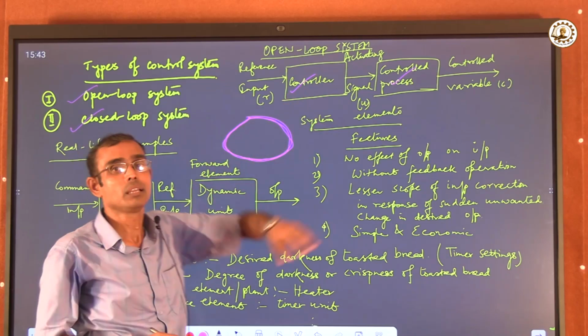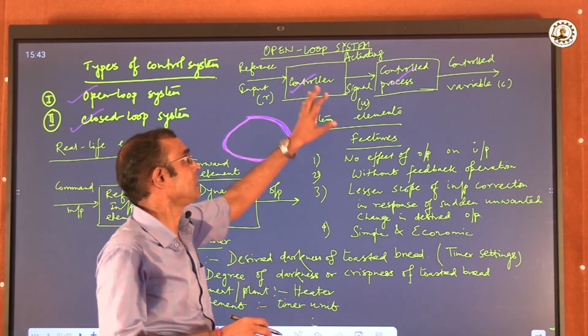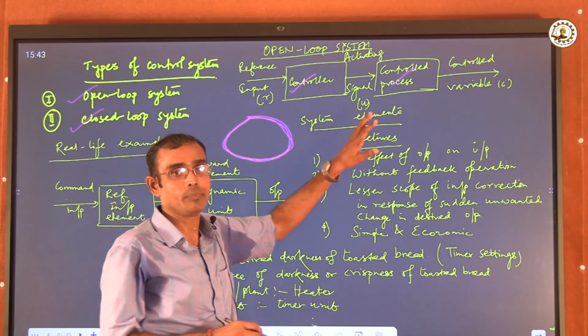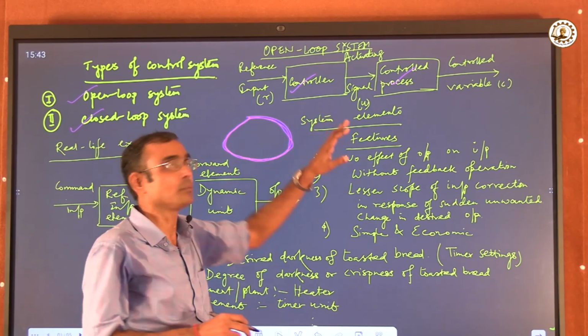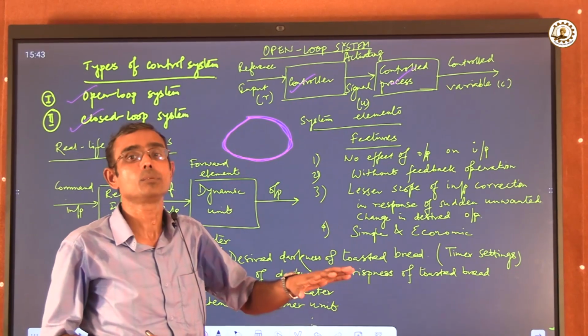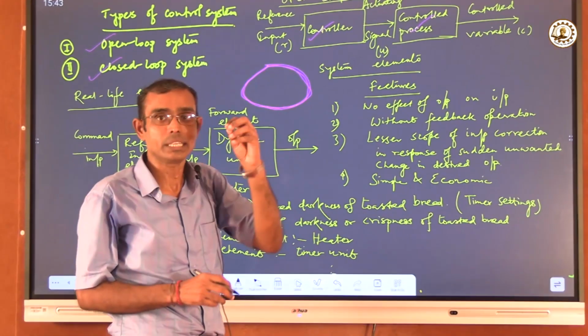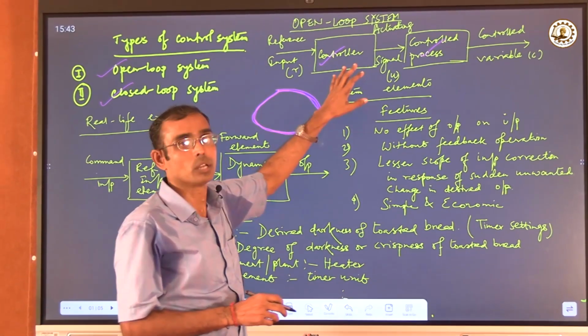This controller can be called the brain, the actual brain of this control system. That means the overall intelligence of the open loop control system is confined to this controller.